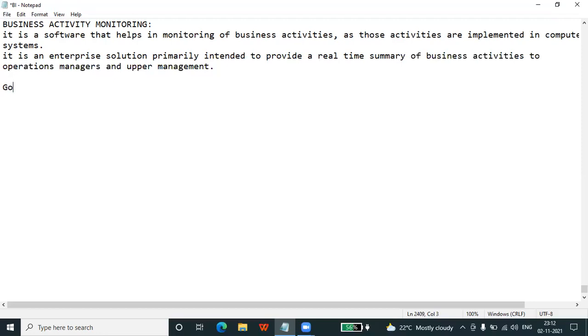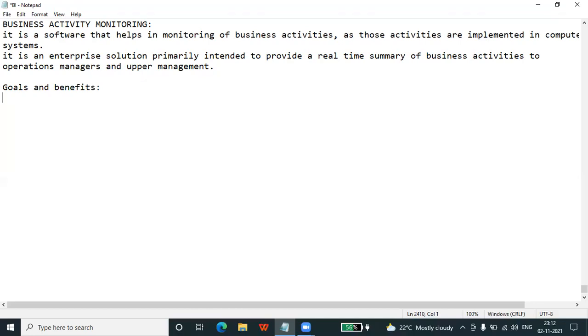So what are the goals and benefits? The goal of business activity monitoring is to provide real-time information about the status and results of various operations, process, and transactions.